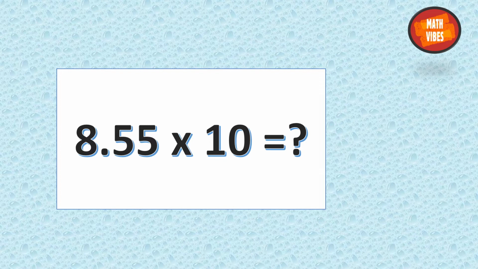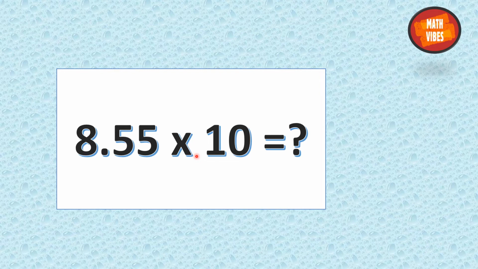Now I want to multiply this by 10, and let's look at the number of zeros. It has only one zero, and we have just seen that when we multiply by 10, the decimal will be shifted to the right side.